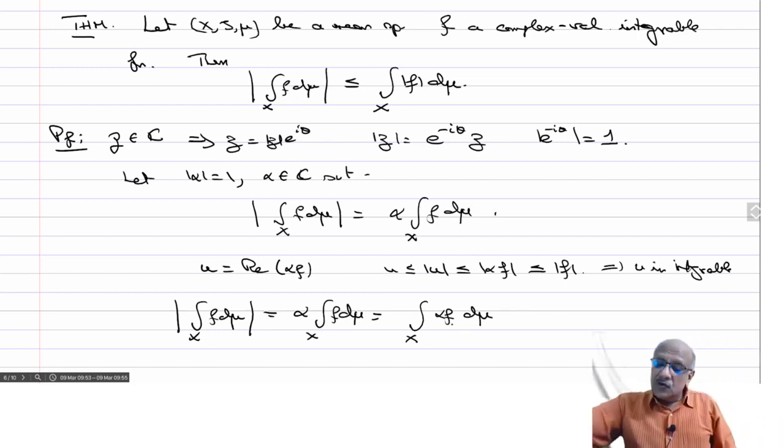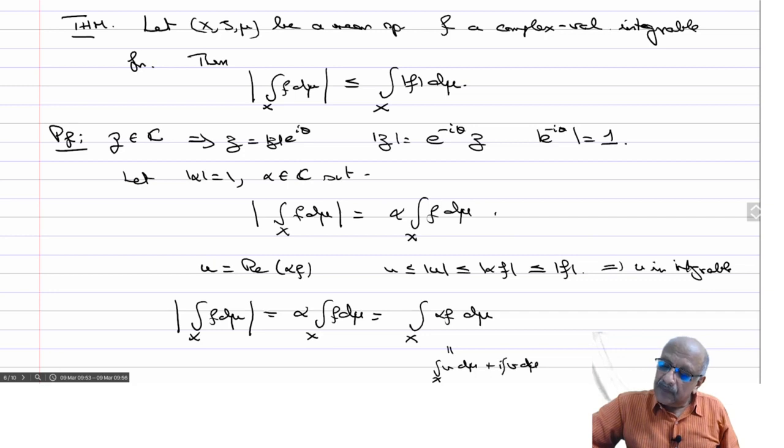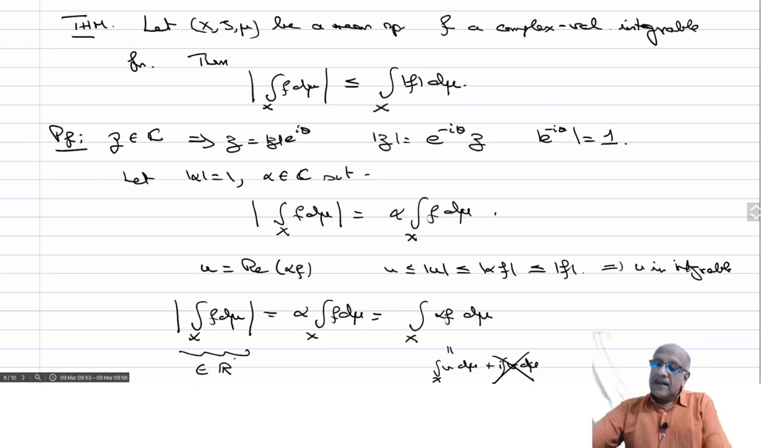Now how is this written? This will be integral of u d mu plus i times integral of v d mu, where v is the imaginary part. But then that is equal to 0, because you know already that this is real, and therefore there can be no imaginary part for this integral.